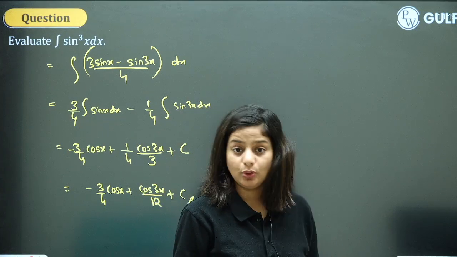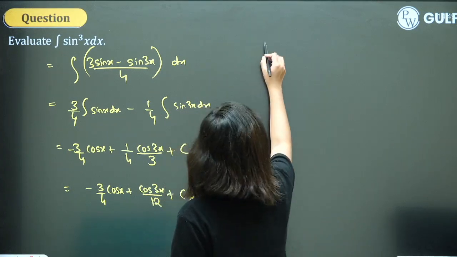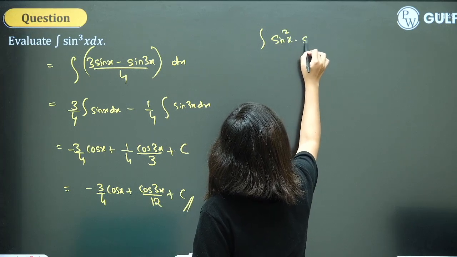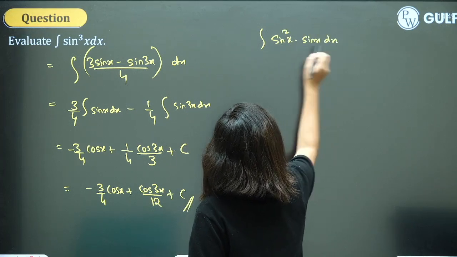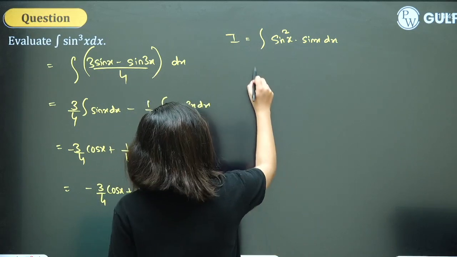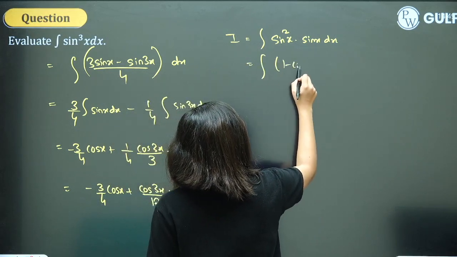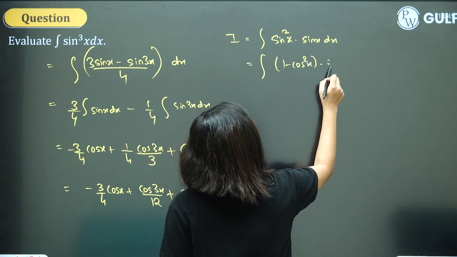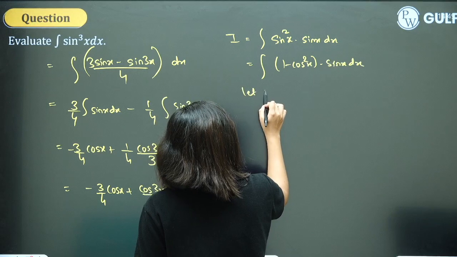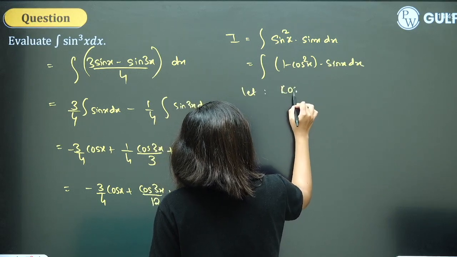Well, there is one more way you can approach this question. That is, sin cube x can be written as sin square x into sin x. Agreed? Sin square x can be further written as 1 minus cos square x. Now LDSR, let cos x be equal to t.